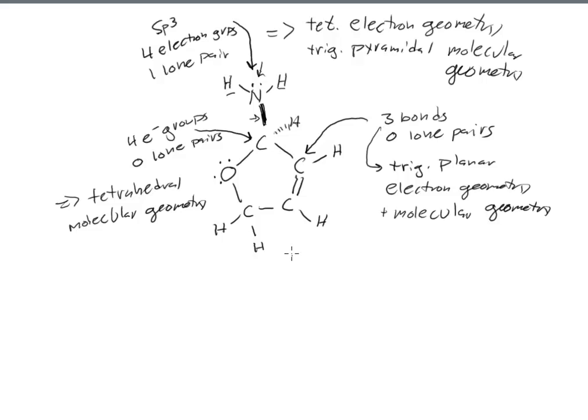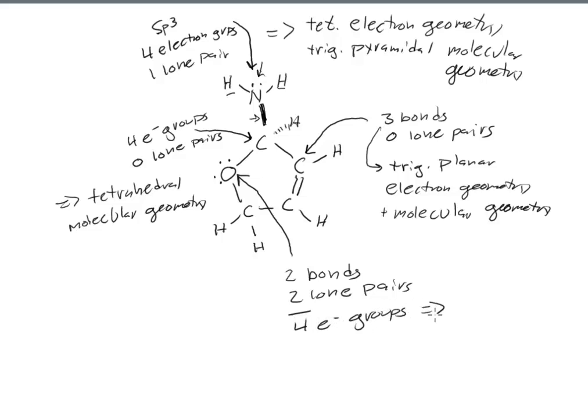Let's look at one more atom. This O. I count 2 bonds to it, 2 CC bonds, 2 lone pairs. And so that's 4 electron groups.